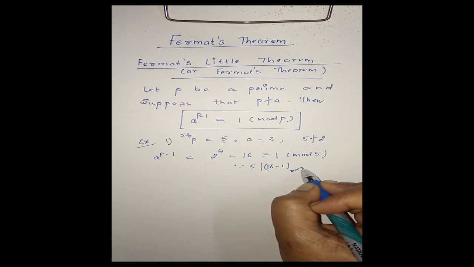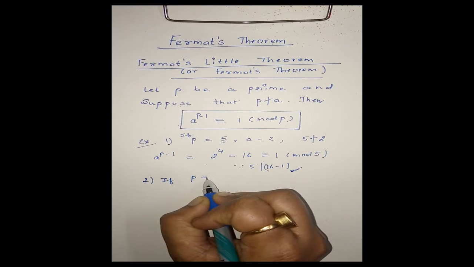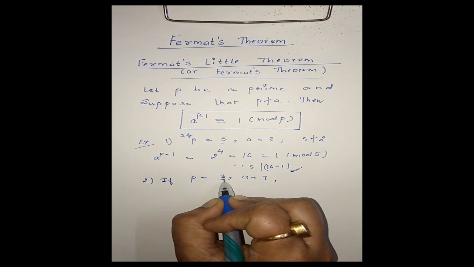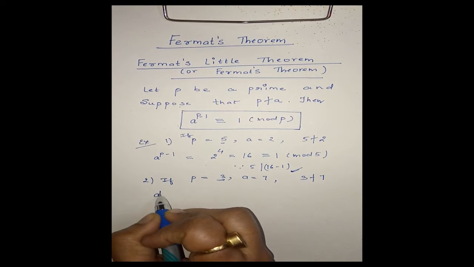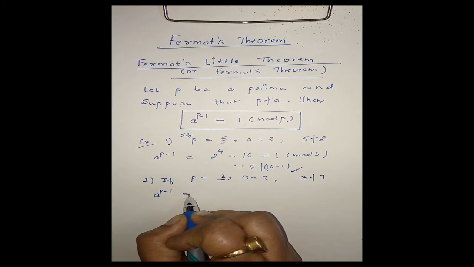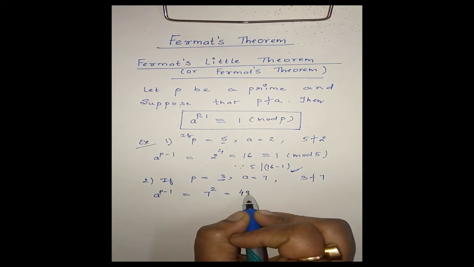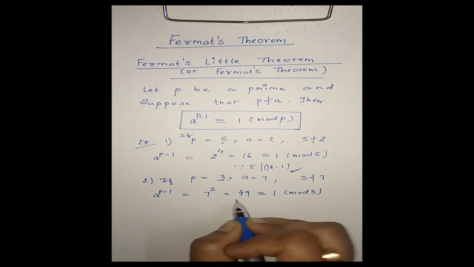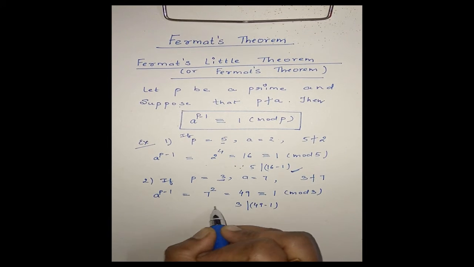Hence verified. In the same way, if I take P to be 3 and A equal to 7, then 3 is prime and 3 does not divide 7. Then A power P minus 1 is 7 power 2, which is 49, and it is congruent to 1 modulo 3, since 3 divides 49 minus 1, that is 48.